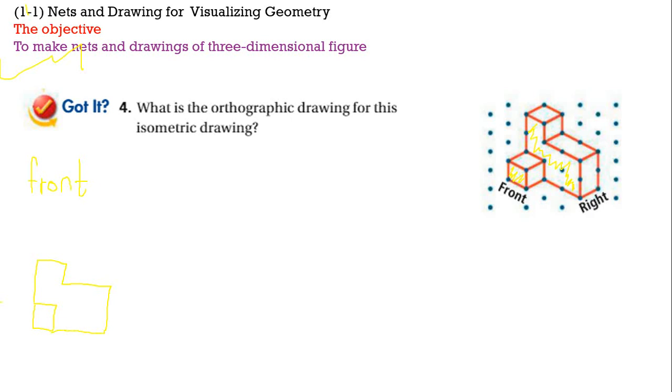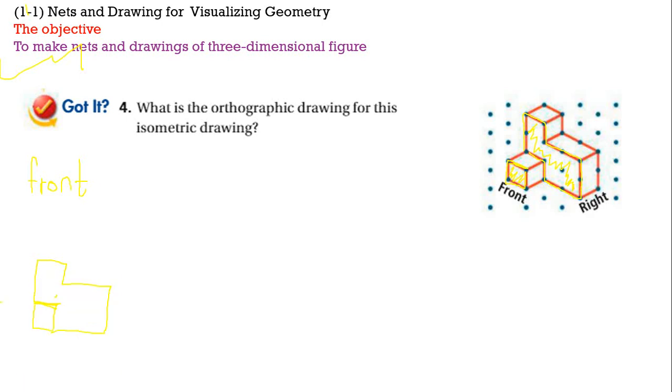So I made this as a solid line. Why did I make it a solid line? Because I can see it, which is this side. That's what I'm drawing. This is the front. Now, that's what I did. Let me change the color for you.